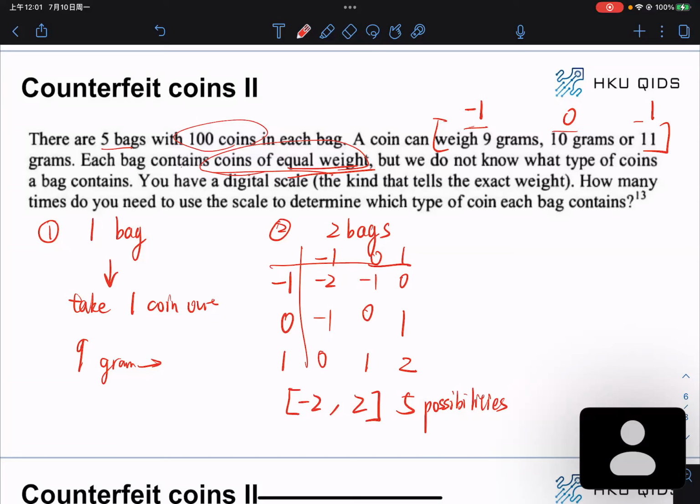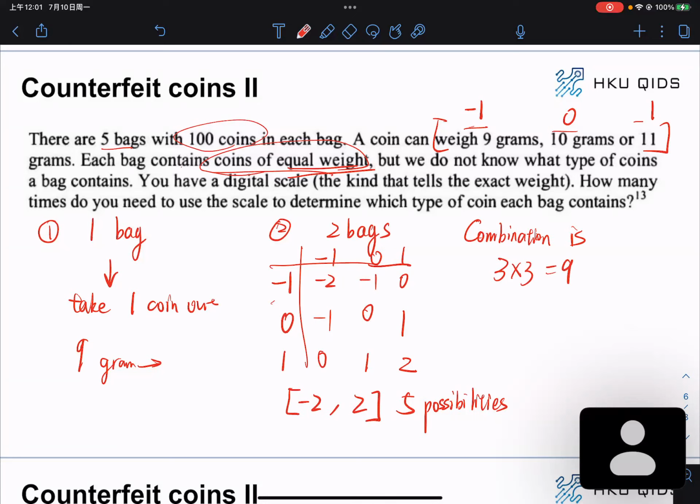But the combination is what? We can be either -1 or 0 or 1 for every bag. So the combination is 3 multiplied by 3 equals 9.